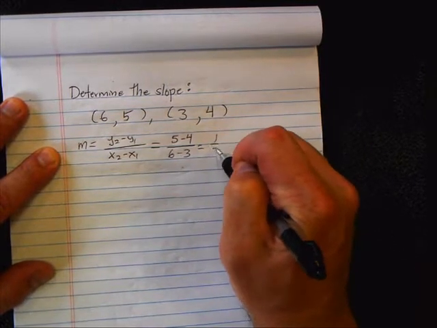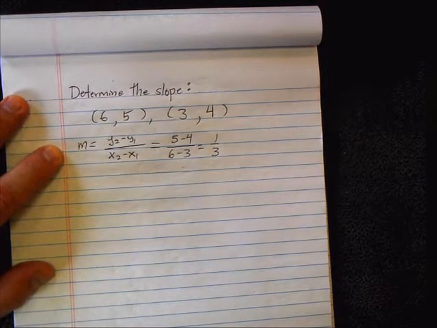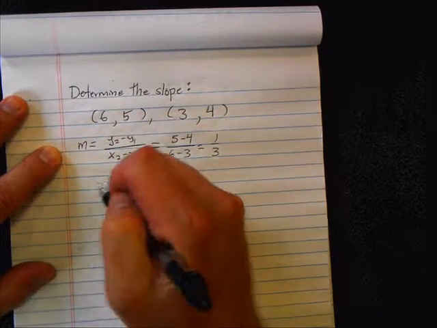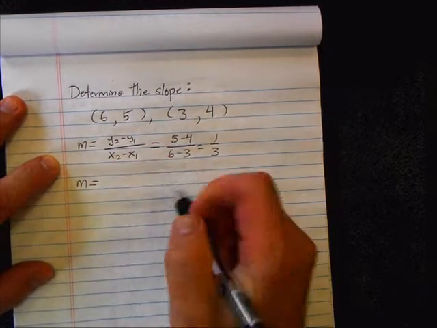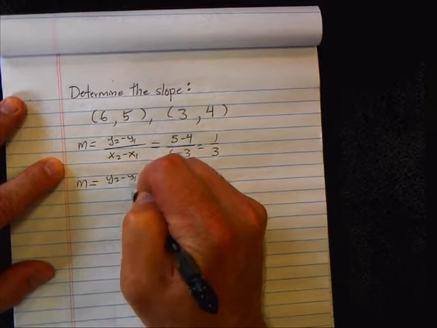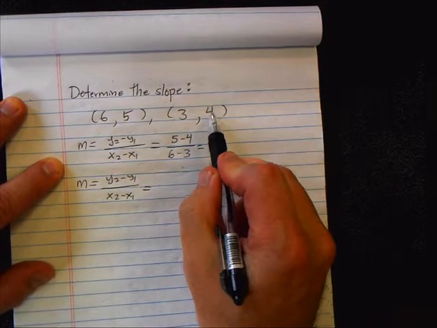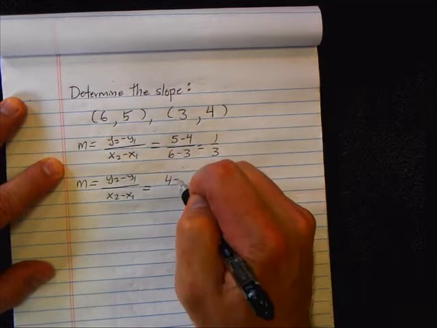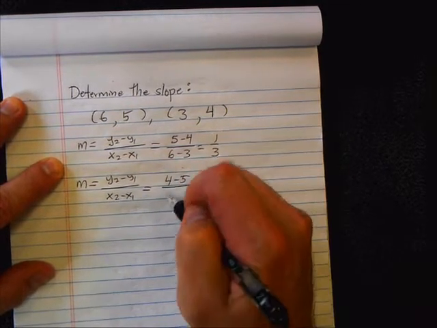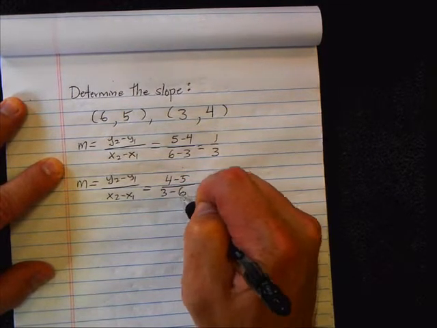And you got 1/3, which is a completely correct answer. However, probably about 1/4 of you took y2 minus y1 over x2 minus x1, and you went 4 minus 5 over 3 minus 6.